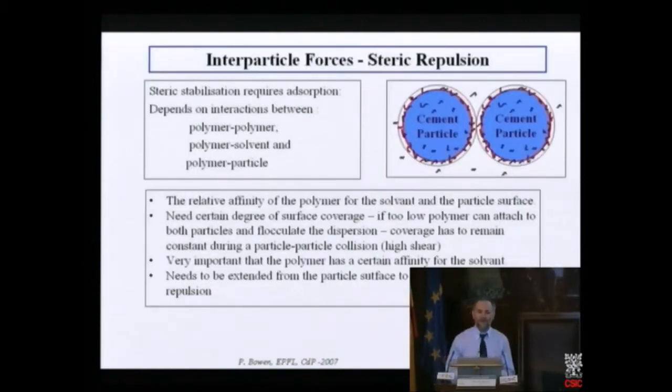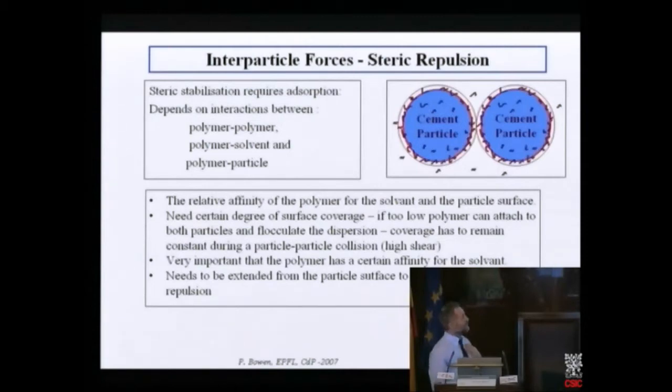If we now move on to steric repulsion, we have 3 important interactions: polymer-polymer, polymer-solvent, and polymer-particle. So we need the polymer to have an affinity for both the solvent and the particle surface. So the choice is important.